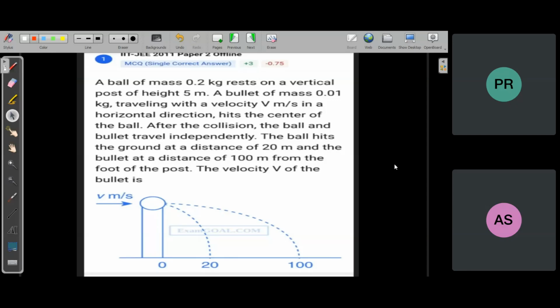Hmm. Sir, 500 meter per second. Okay. One minute. Let me check.